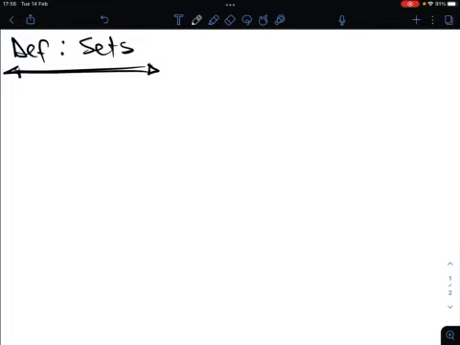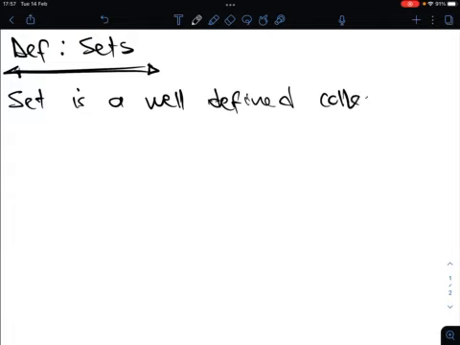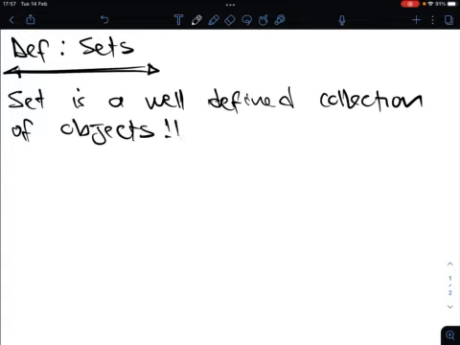What we call a set is defined as follows. A set is a well-defined collection of objects. This is the definition that we can usually get in most of the books that deal with this subject, that it is a well-defined collection of objects.